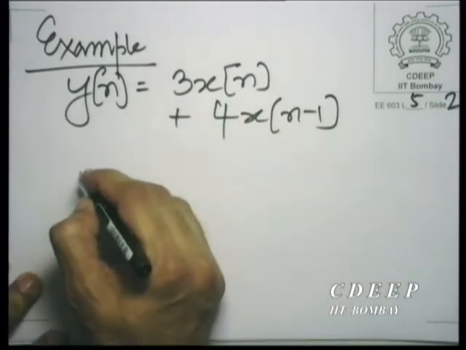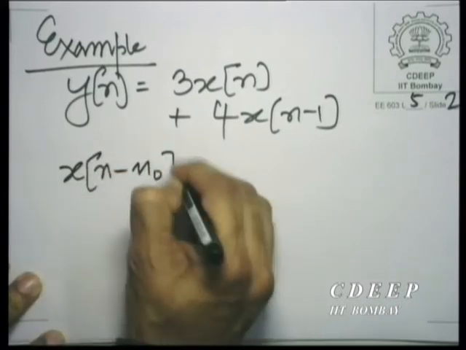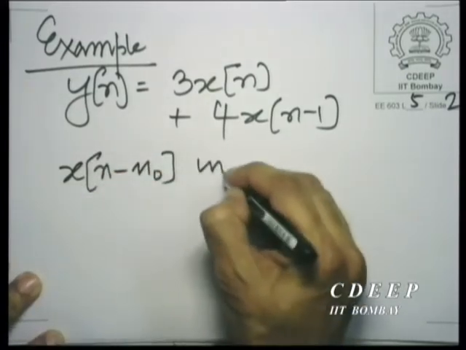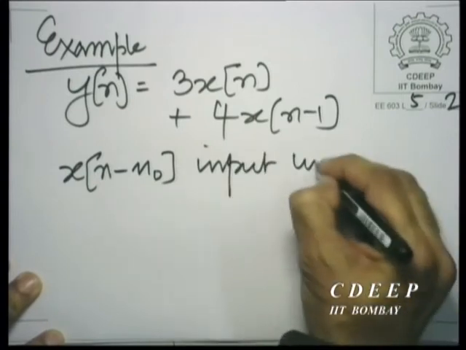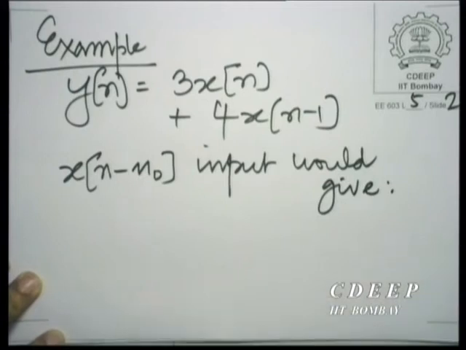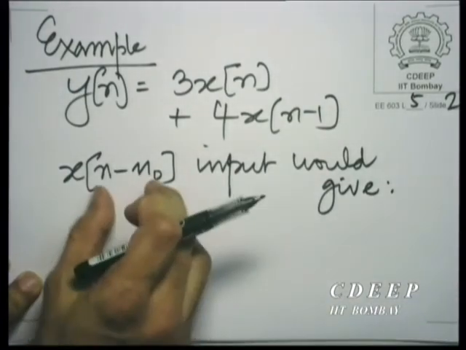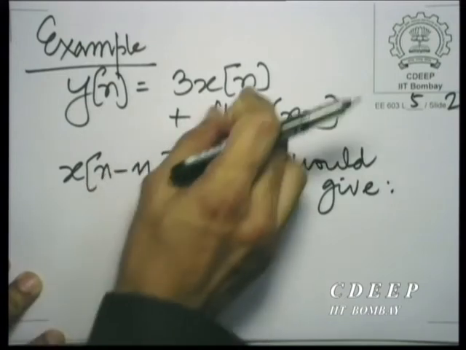Now, if I were to put x of n minus n 0 into the system, it is a very small subtle point, but how would I get the output? I would get the output by replacing n by n minus n 0 in both places.